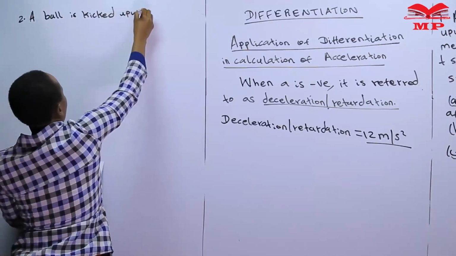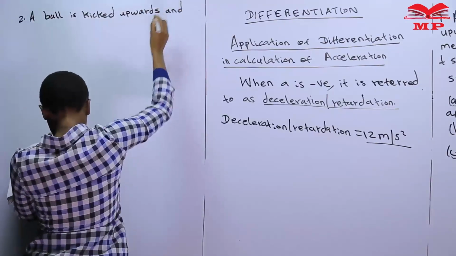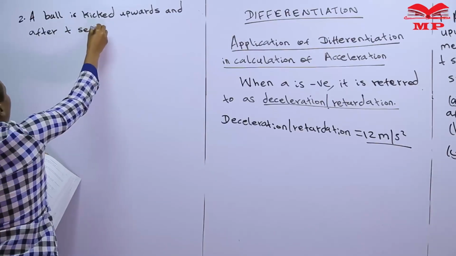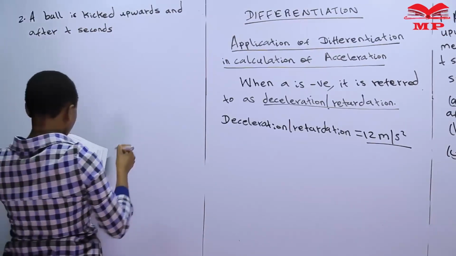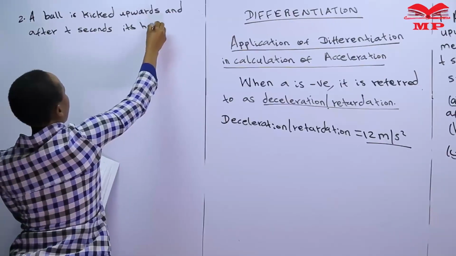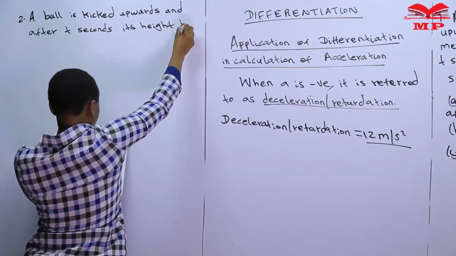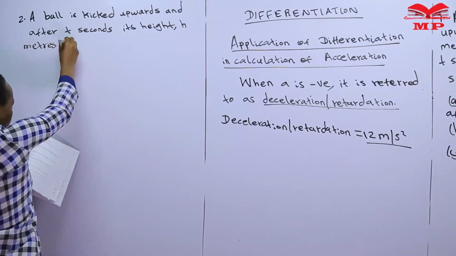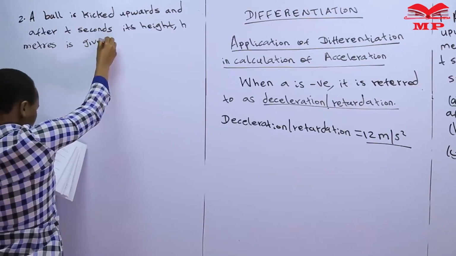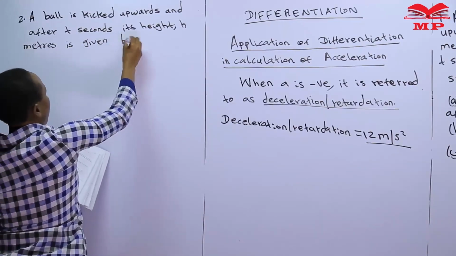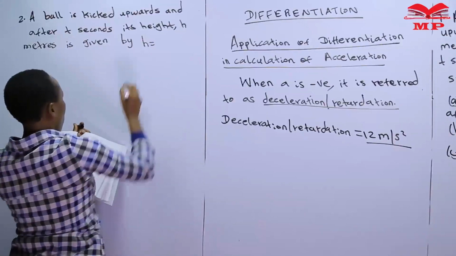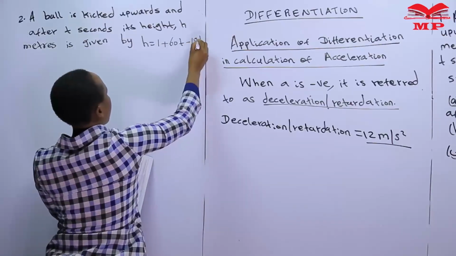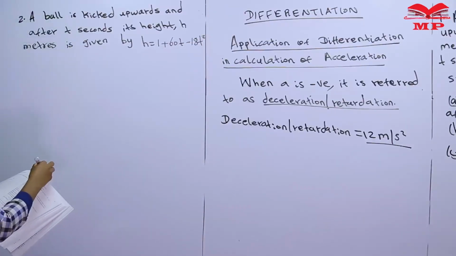A ball is kicked upwards, and after t seconds, its height h meters is given by h is equal to 1 plus 60t minus 18t squared. That is the equation for the height.